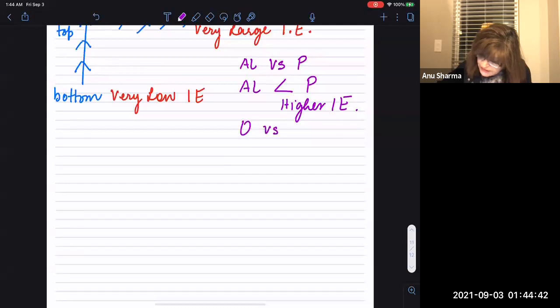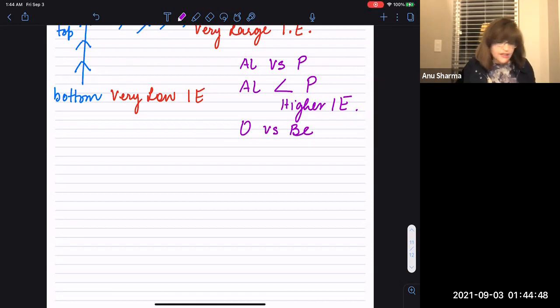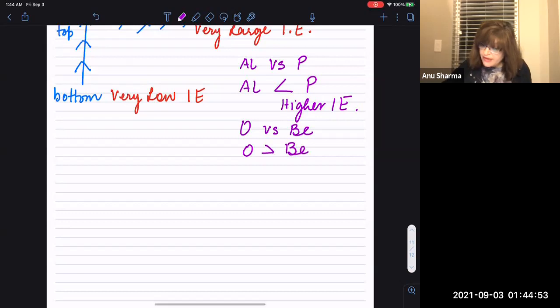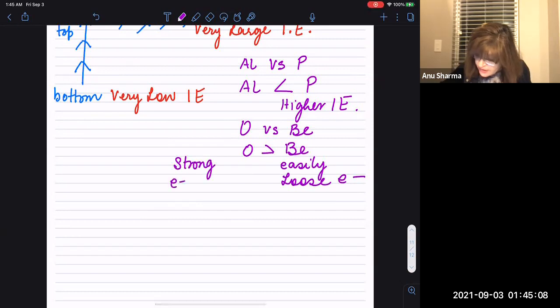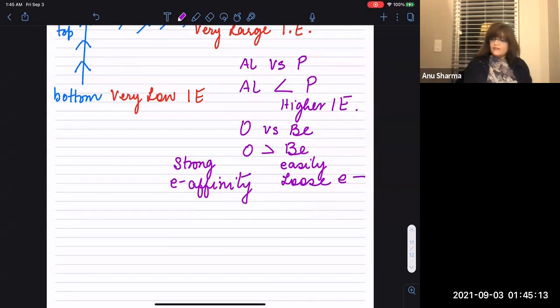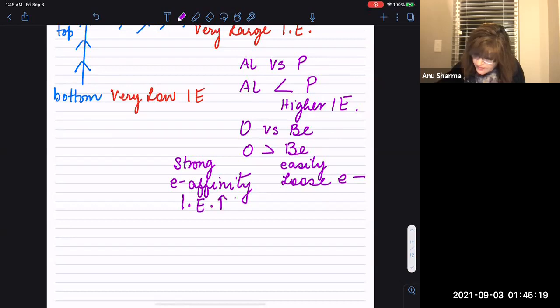Next, let's look at oxygen versus beryllium. Which one has a higher ionization energy? Oxygen will have a higher ionization energy than beryllium. Beryllium will easily lose electrons, but oxygen has a strong electron affinity, and that means the ionization energy is very high.